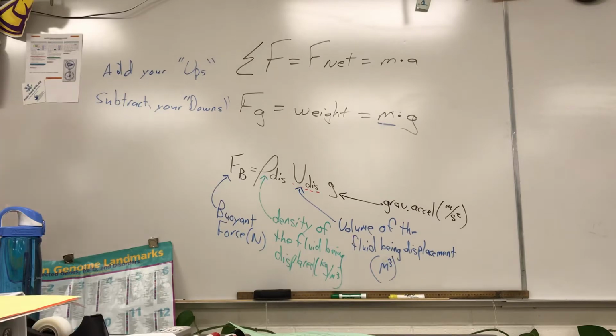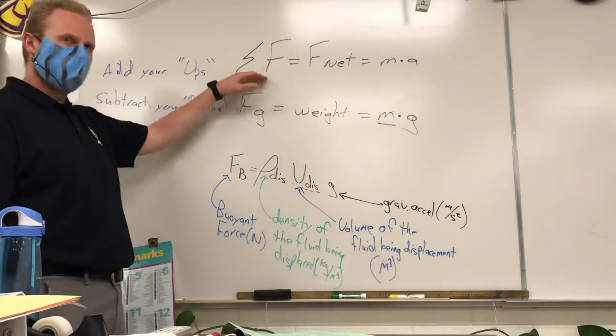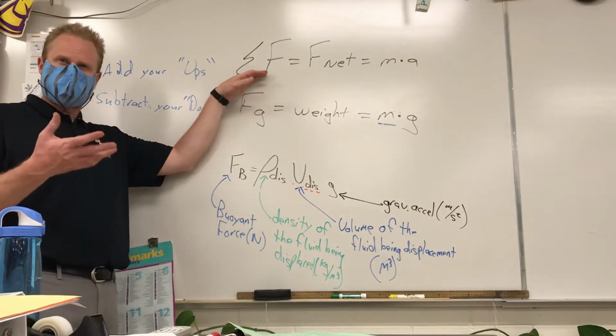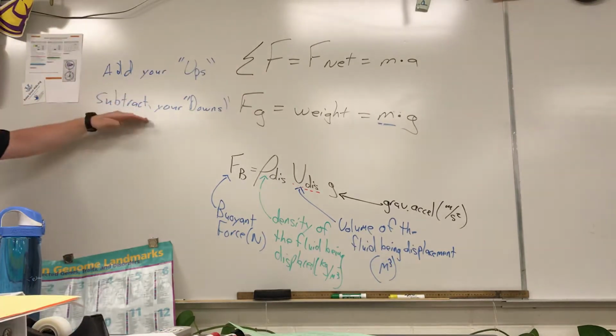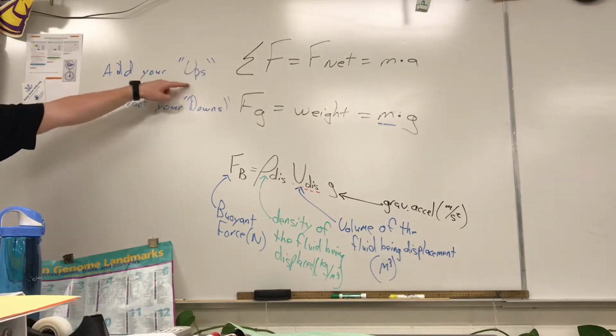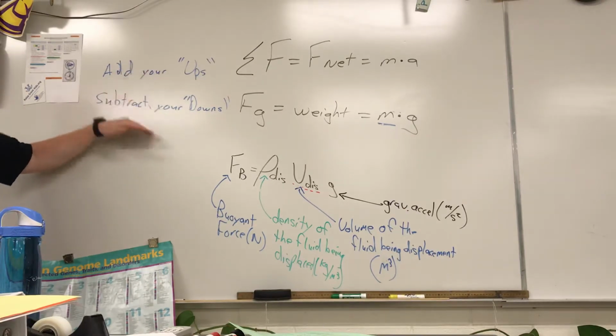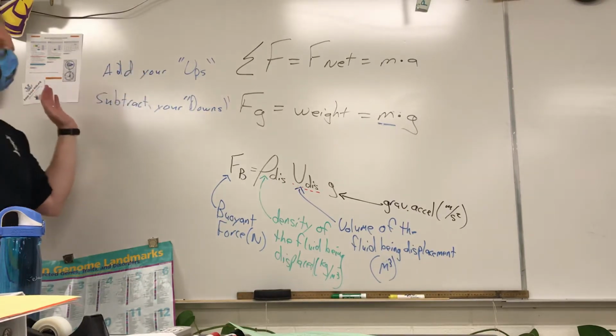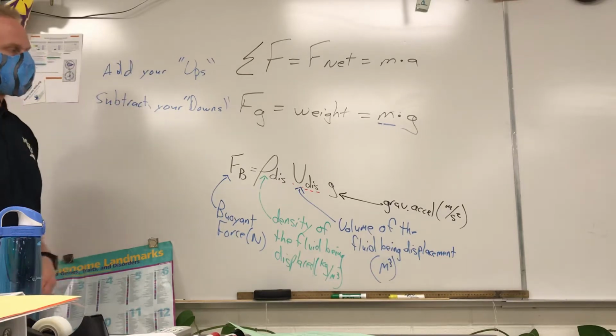And we technically have to do the sum of all my forces in both the x and the y, but because we're talking about things sitting on the surface of water, we're really only talking about the y direction. So when we sum up all of our forces, we add our ups and subtract our downs. I've said add your ups, subtract your downs, add your rights, subtract your lefts, but we're only dealing with the y direction.